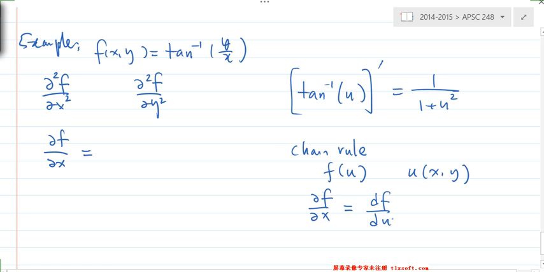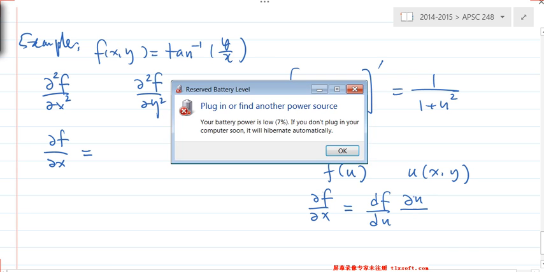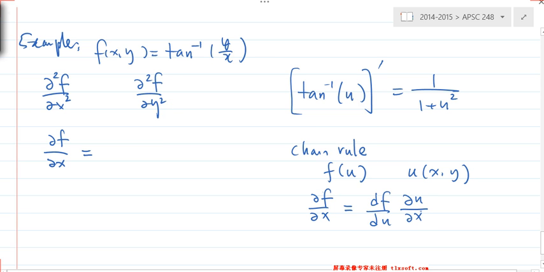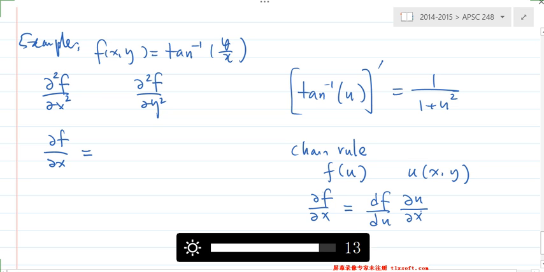You can use a straight d, df over du, because f is a function of u only. Then times partial u over partial x. Is that clear? Okay? Yeah.